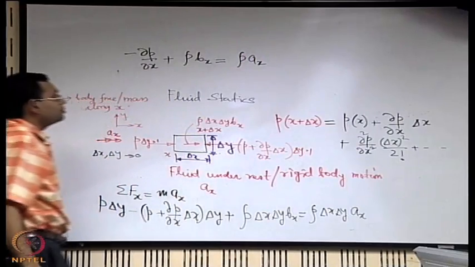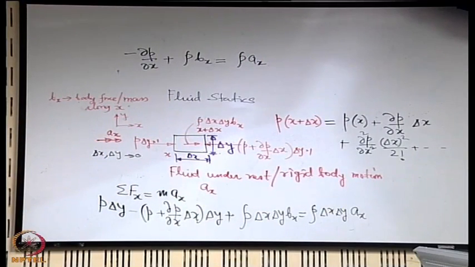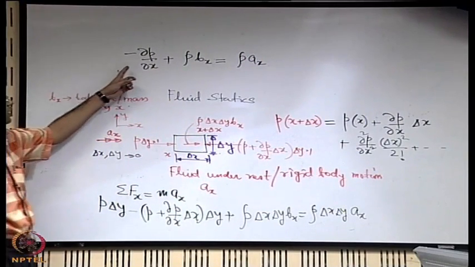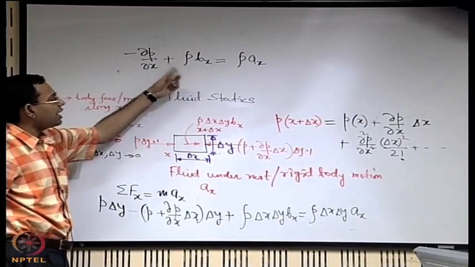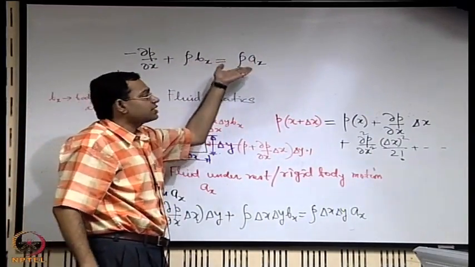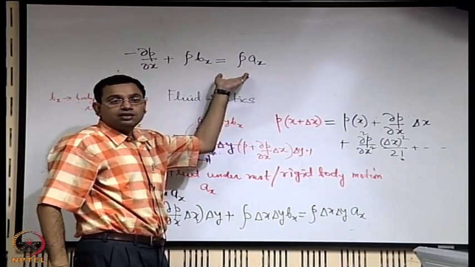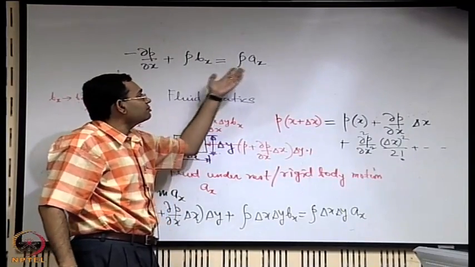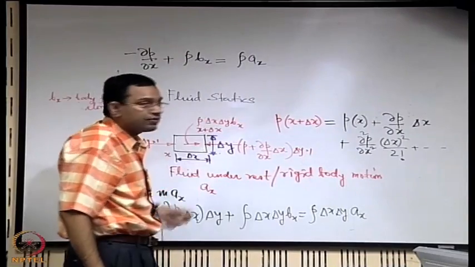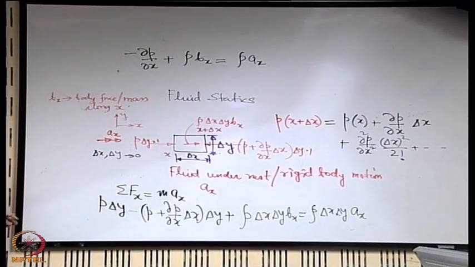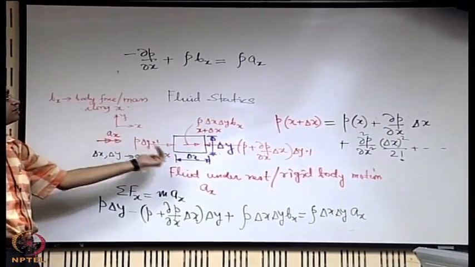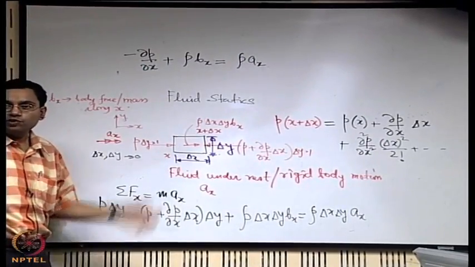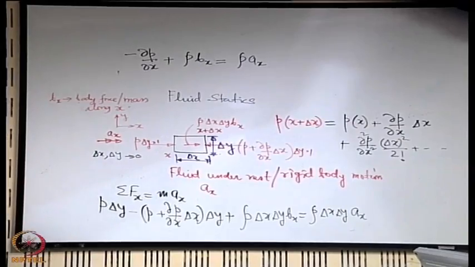So this will be the expression which relates the pressure gradient with the body force that is acting, and if there is any acceleration that the fluid element is having. Similar expressions are valid for the motion along y, so we are not repeating it again.